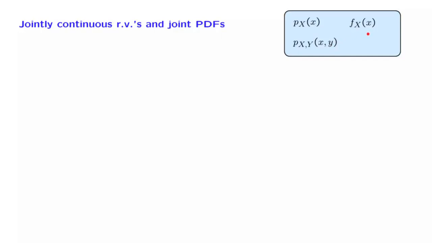We also need to model the relation between the two random variables, and this is done through a joint PDF, which is the continuous analog of the joint PMF. We will use this notation to indicate joint PDFs, where we use f to indicate that we are dealing with a density. So what remains to be done is to actually define this object and see how we use it.